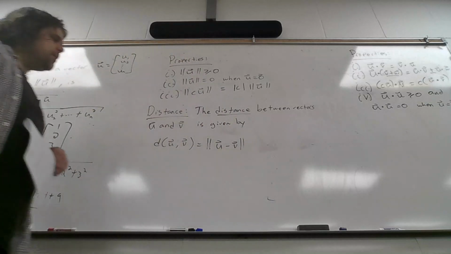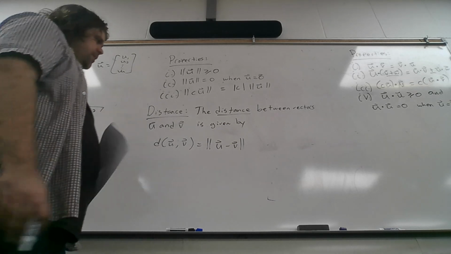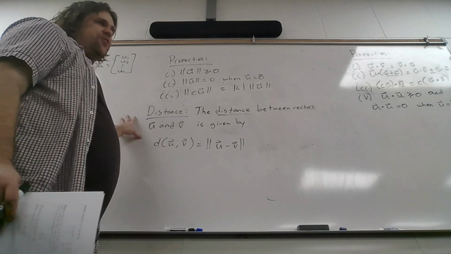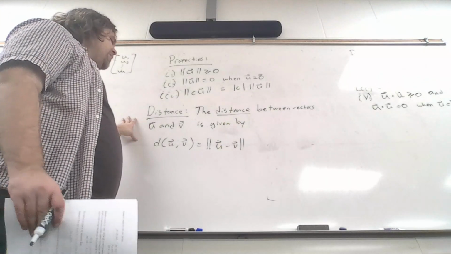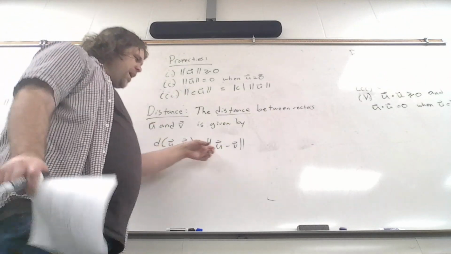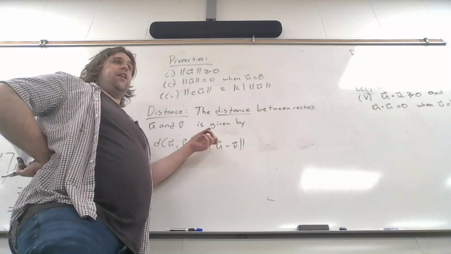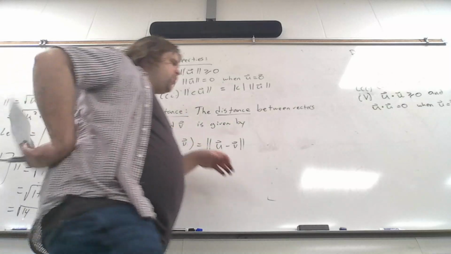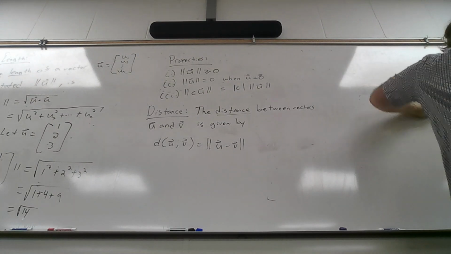It just says, hey, take the length of u minus v, right? Okay, we're saying this is distance though. So we should probably justify that, right? It's not immediately clear why this thing here somehow represents distance between vectors, right? What's the connection? Well, we can draw a picture. And I think that's probably the best way to do it.